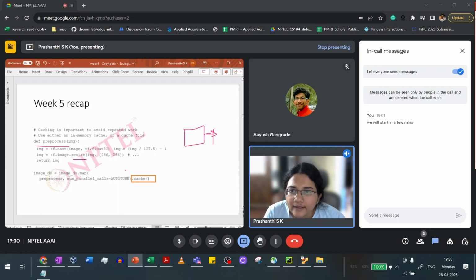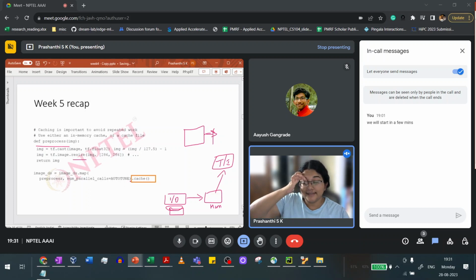But now this adds one more step. There is fetch or IO that you do in order to bring the data from your storage. The data is in your storage, you bring it to memory, and at this point you do your pre-processing, and then you perform training or inferencing on this data. Now what you can do is ask for this data to be cached.